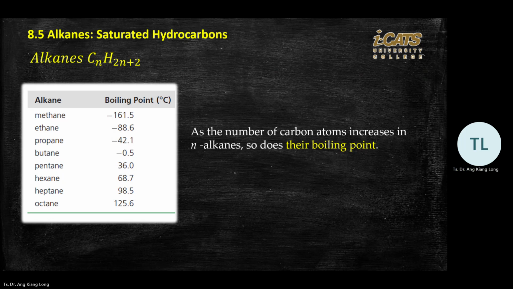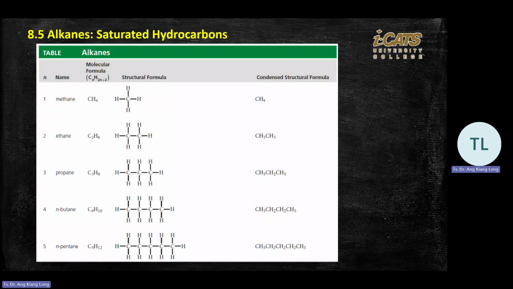Okay, so this is the table that I think I also give you, right? There are many of these structures, condensed and structural formula. I don't expect you to remember, but at the end of the lecture, you should be able to name that one based on the molecular formula. Or if I give you a condensed formula, you should be able to name it straight away.